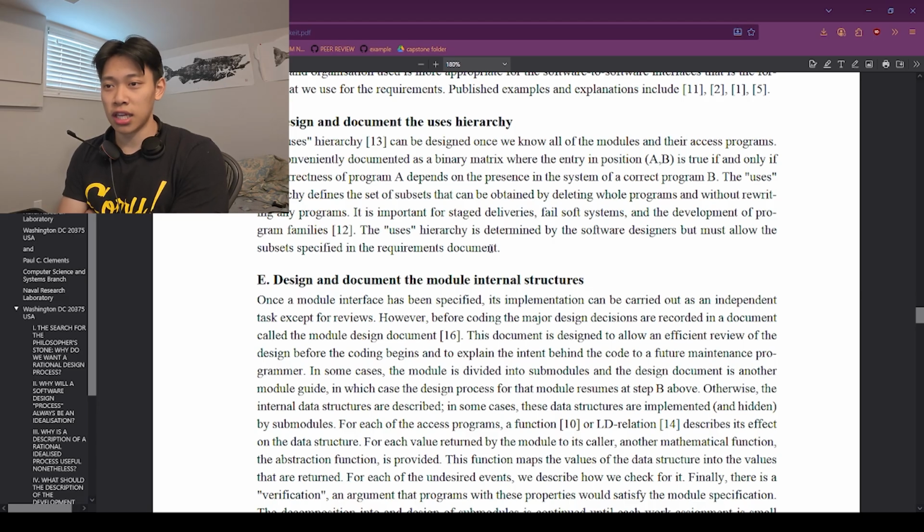It is important for stage deliverables, fail-soft systems, and the development of program families. The uses hierarchy is determined by the software's designers, but must allow the subsets specified in the requirements document.